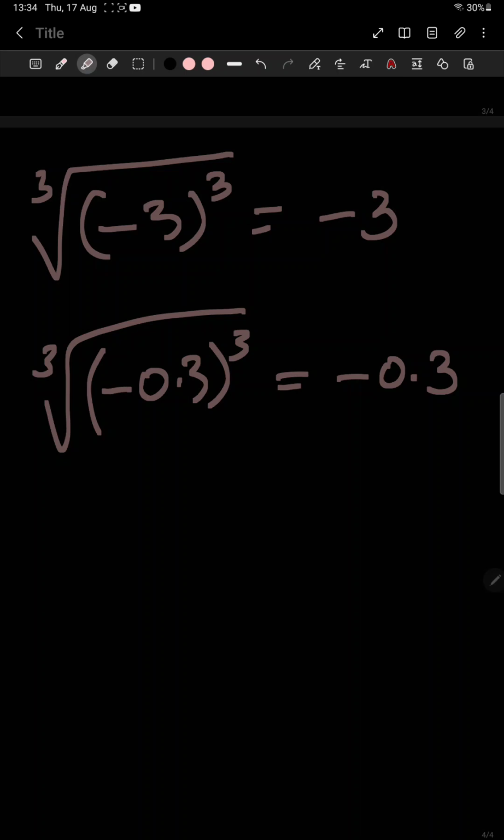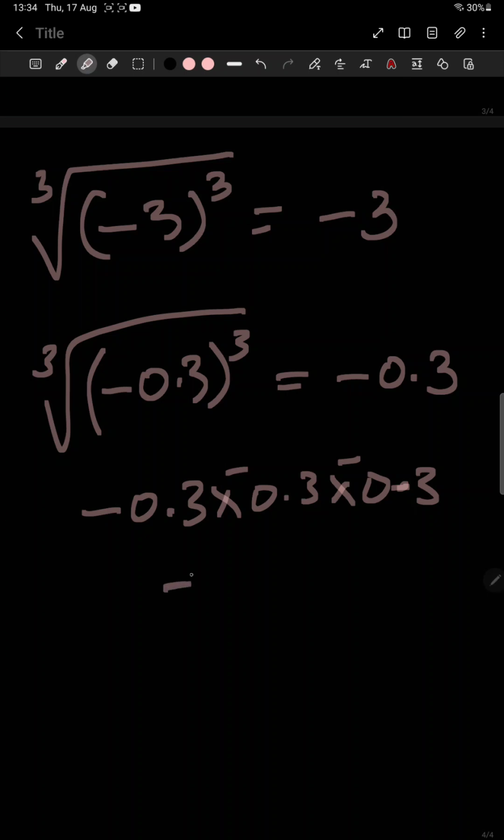If we explain it, what will it be? Minus 0.3 multiplied by minus 0.3 multiplied by minus 0.3, the minus sign 3 times. So finally the sign will be negative. The cube root will be cancelled with the cube. So the answer will be minus 0.3.